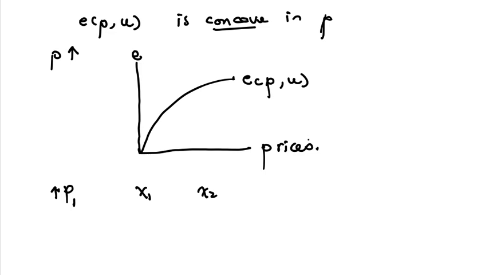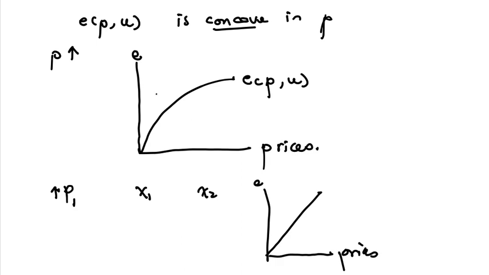But what if this concavity doesn't happen? Let's say the price of good one, X1, increases, but X1 doesn't have any substitute, so the demand for X1 would remain the same. In this case, what happens to the expenditure function? If we have prices here and expenditure here, the expenditure function becomes a linear line, isn't it? Expenditure increases linearly with the increase in price. The rate is the same because you don't substitute.